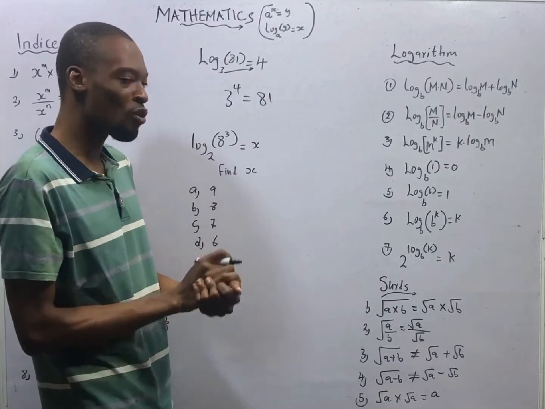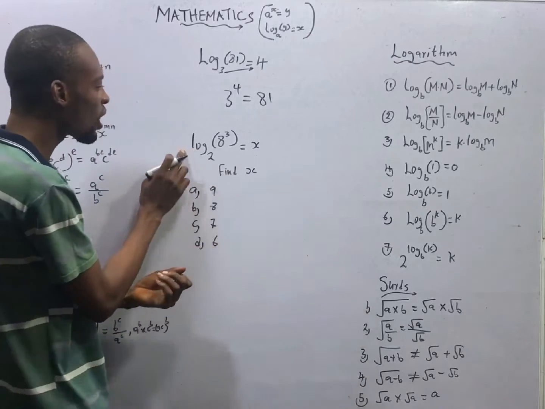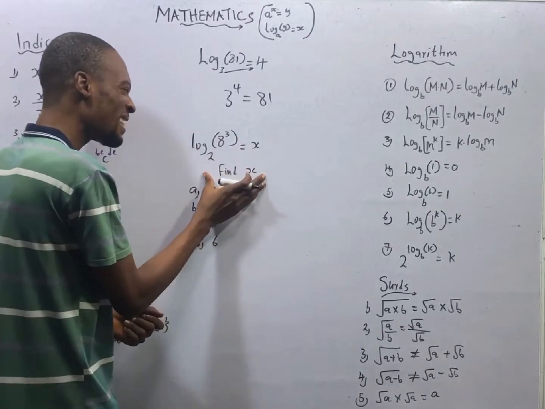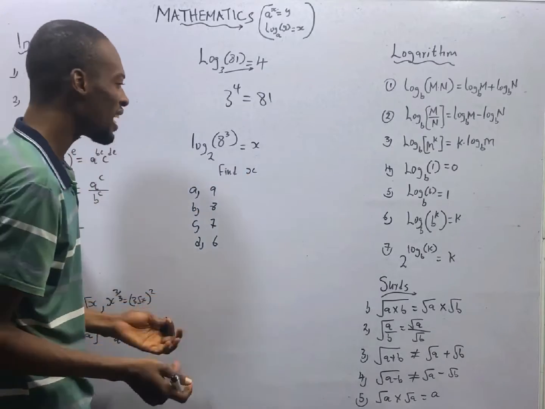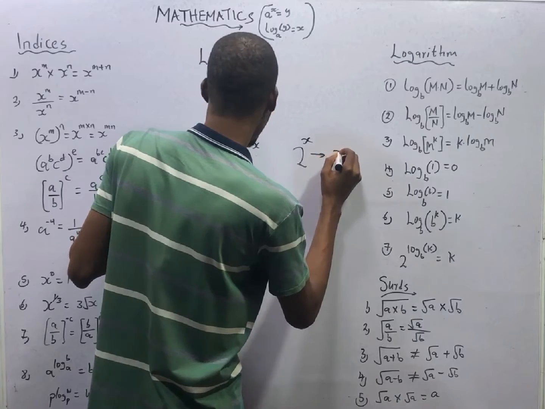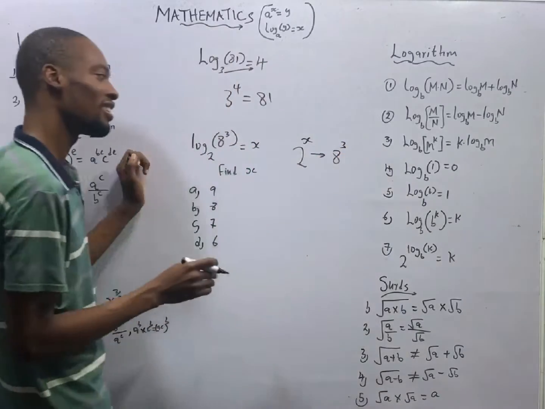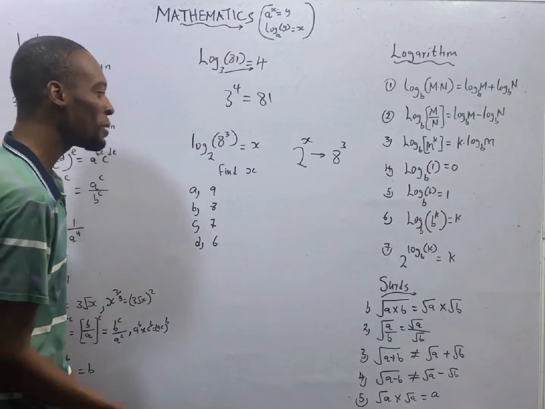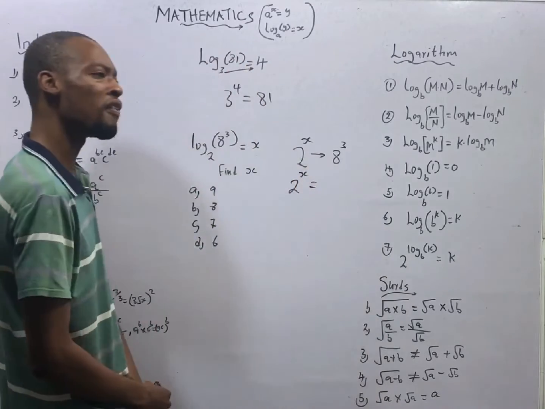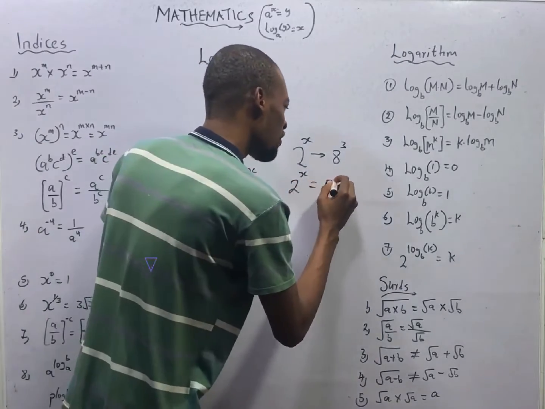Now, when you are given a question and they say log 8 raised to the power of 3 to base 2 is equals s, find s, it means that 2 raised to the power of s will give you 8 raised to the power of 3. Is that 512?